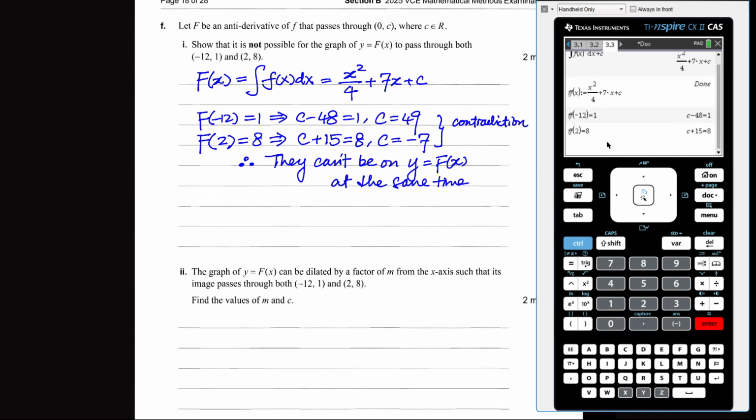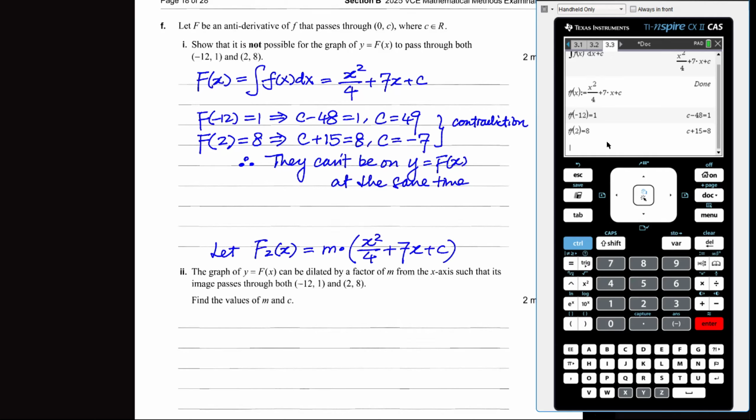A graph of y equals capital F of x can be dilated by a factor of m from the x-axis, such that its image passes through both minus 12, 1 and 2, 8. So we say let capital G of x equals, actually, don't use capital G. You can use capital F2 of x equals m lots of x squared divided by 4 plus 7x plus c.